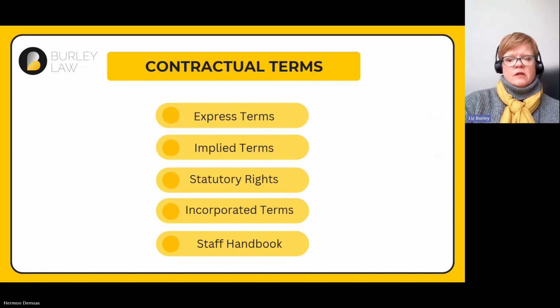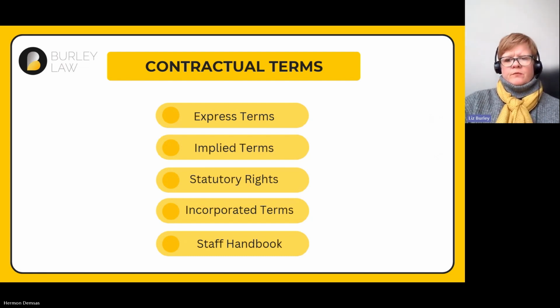So there are statutory minimum lengths of notice that apply, 1 week per year of employment, up to a maximum of 12 weeks. And an employer can't simply contract out of that minimum length of notice by saying notice will only ever be a week. That just simply isn't lawful. And the statutory minimum will apply if employment comes to an end, regardless of whether the contract says something less.